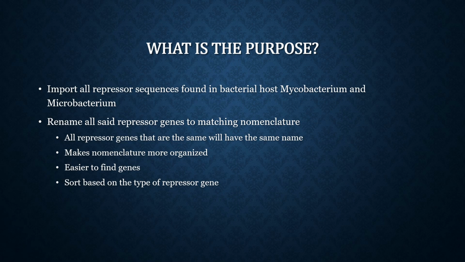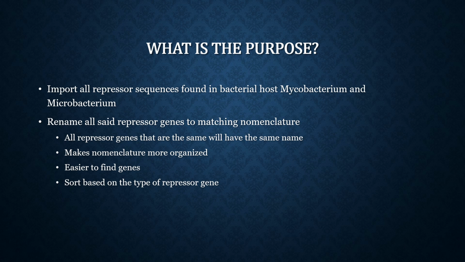So, what is the purpose of this project? We started by importing all of the repressor sequences that we found in the Mycobacterium and Microbacterium genomes, and I'll show you how we imported that in just a second. The purpose was to look at all of those sequences and be able to rename and reorganize the nomenclature so it's easier to find the genes you're looking for.